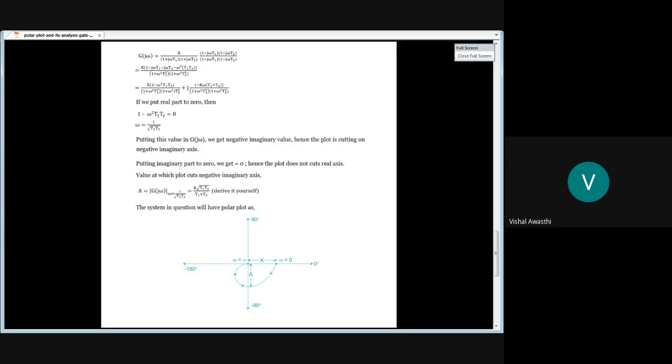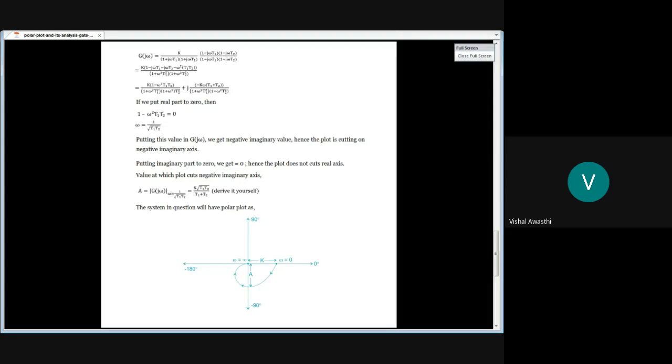You know that a square quantity is always positive, and when it is coming as omega square equal to something negative, it means this inequality is invalid. So when this condition comes, it means there is no cutting point. So be careful in that. If the inequality is invalid, this will not be the condition of a cutting point.